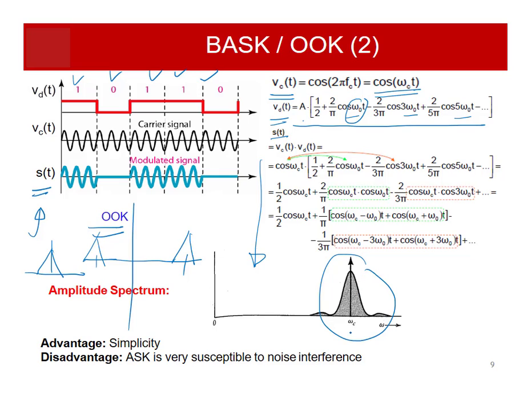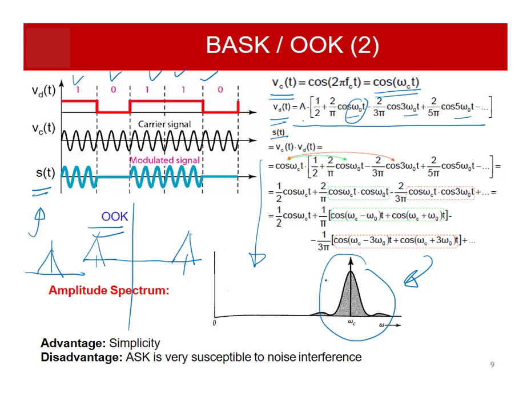So this is basically the spectrum shape of the original message, which is this red signal. Now as we are multiplying it with the carrier, it is a modulated signal, and for the modulated signal spectrum, the original spectrum is shifted to omega c and minus omega c. The negative portion is not shown here, so it is only the positive portion. We have a reflection of this on the negative side as well. Only the positive portion is shown here. This is basically the amplitude spectrum of the BASK signal.